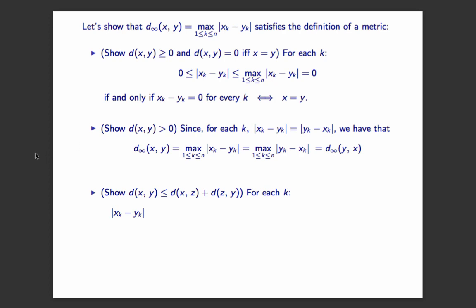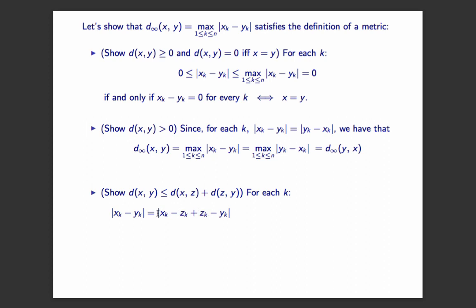Now we want to show the triangle inequality. Well, given that for each k, the absolute value of the difference of the kth component is equal to, well, itself if I add 0, and I'm going to add 0 in this form, by adding zk and subtracting zk, that is the kth entry of some vector z.